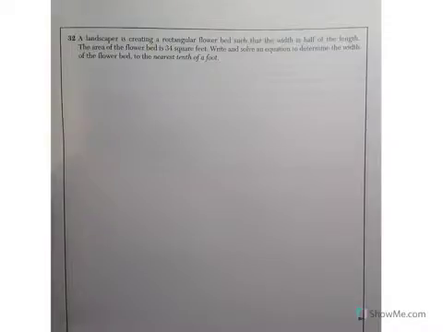Number 32. A landscaper is creating a rectangular flower bed such that the width is half of the length. Okay, so the area of the flower bed is 34 square feet. Write and solve an equation to determine the width of the flower bed to the nearest tenth of a foot. Well, we're going to be dealing with length, so we're going to have our let statements.